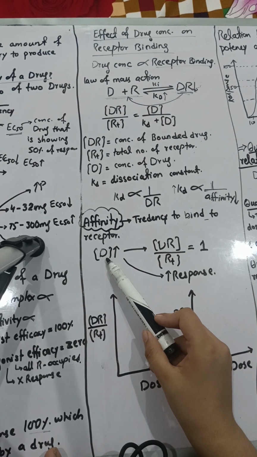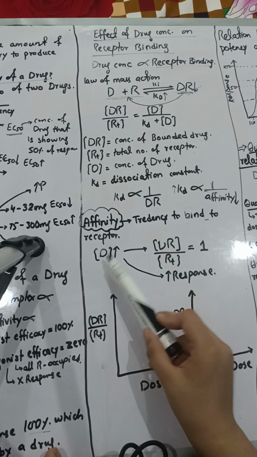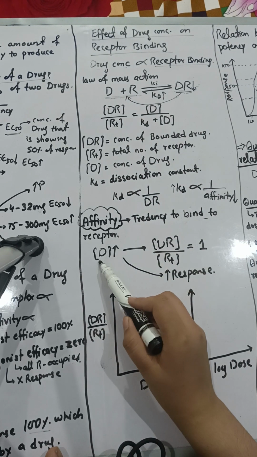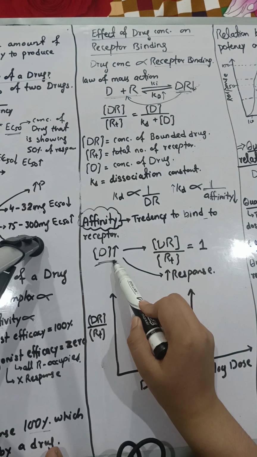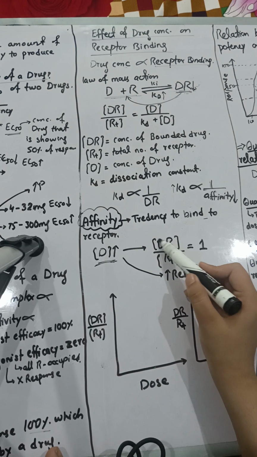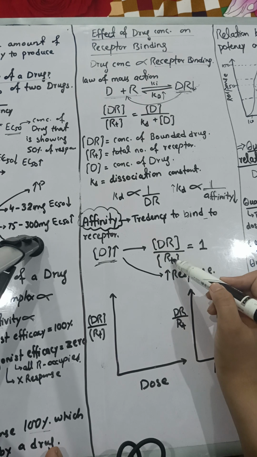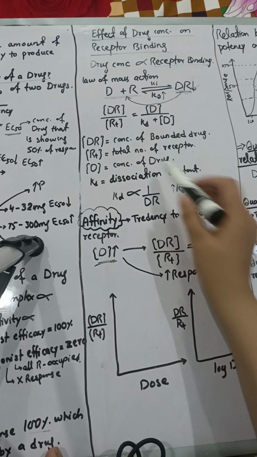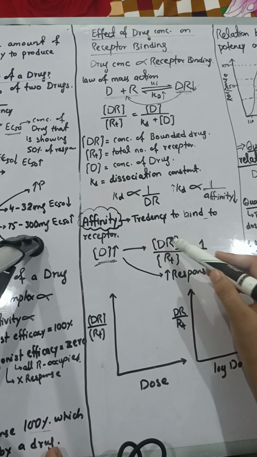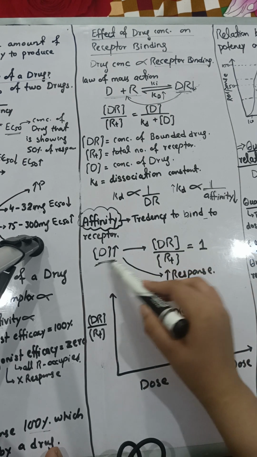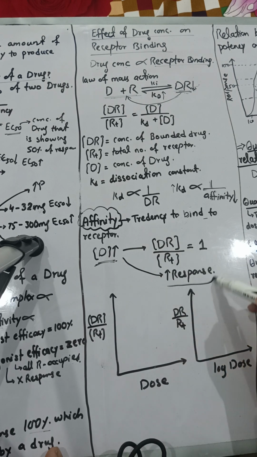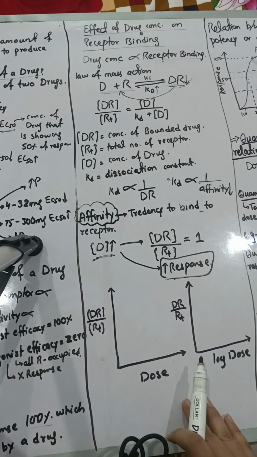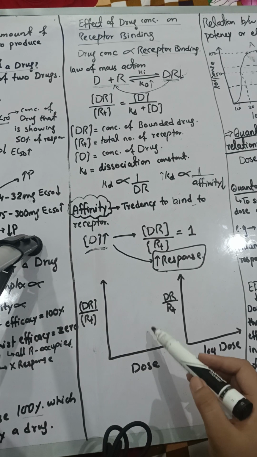Now we are going to see the effect of drug concentration on receptor binding. Whenever you increase the dose, the concentration of your drug, the ratio between DR and RT, where DR is bound drug and RT is total receptors, will become 1. It means whenever the concentration increases, the response of that drug increases. Here I'm going to draw a graph between DR/RT and the dose.